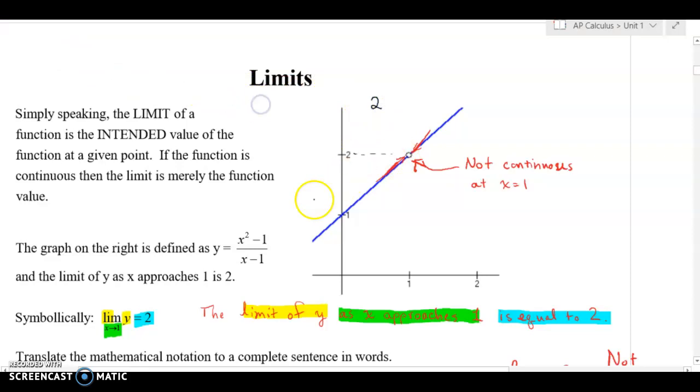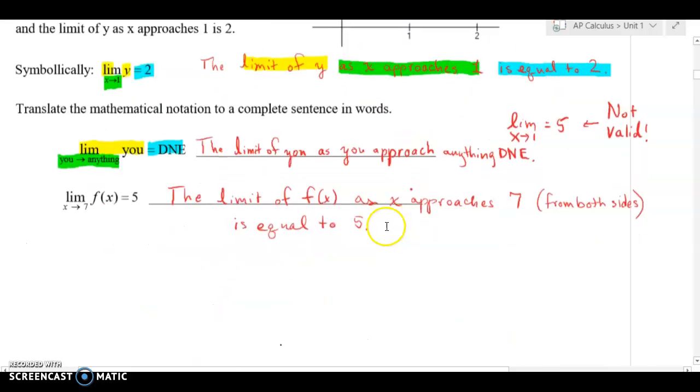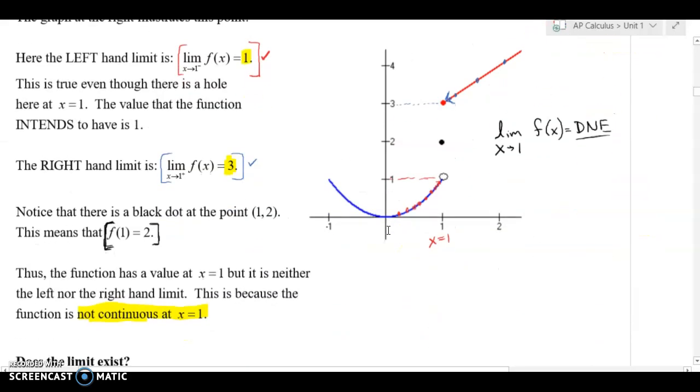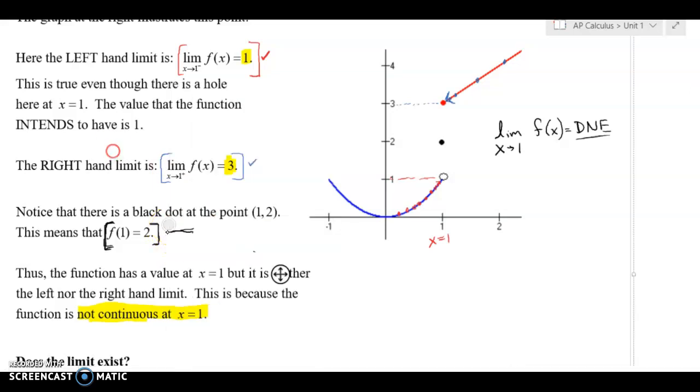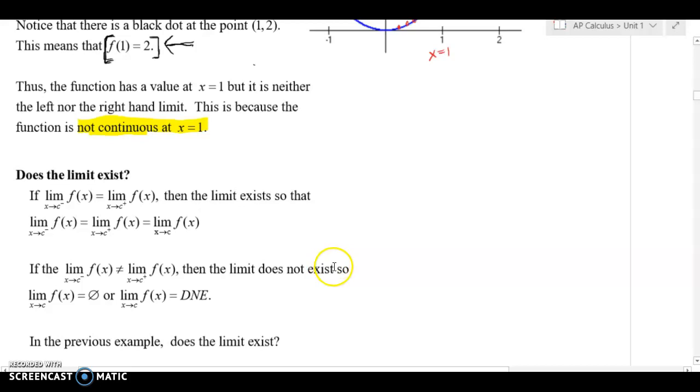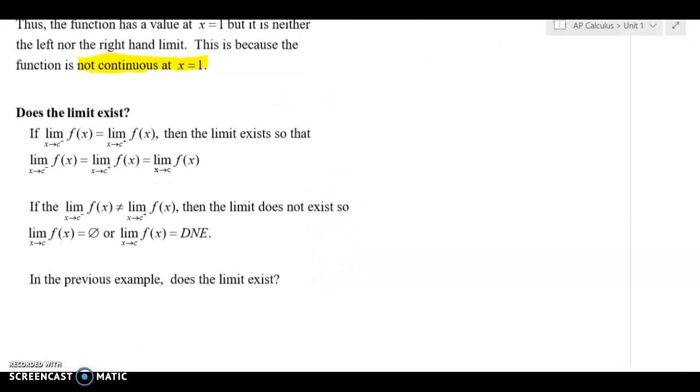So is that the definition of continuity? No. To be continuous, yes, the limits have to equal each other, but this function value here also has to equal that limit value. I don't think we're ready for the strict definition of it right now, but I'm kind of alluding to what you'll need to know in the future. All right, so here we go. Does the limit exist?